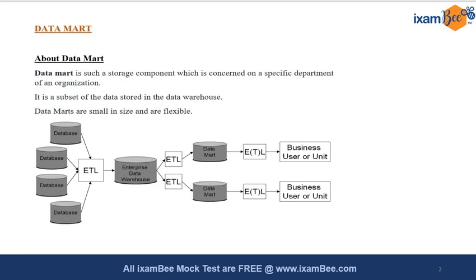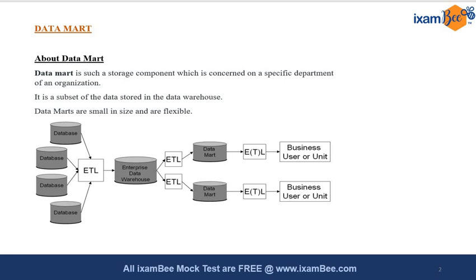So you can see here there is a small depiction which is representing the ETL operations, that is the operations of extraction, transformation, and loading into a data warehouse. What we do is collect the data from multiple source databases, and then we make a data warehouse. On top of that data warehouse, we do ETL operations again, understanding the business units' or business users' needs, and we perform the ETL operation and we get the specific data marts.